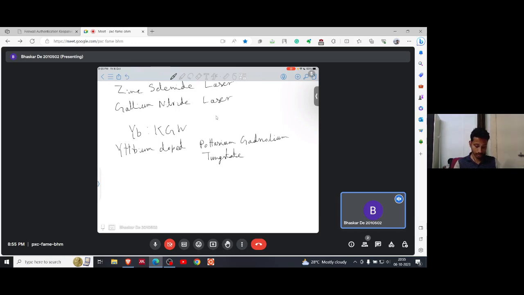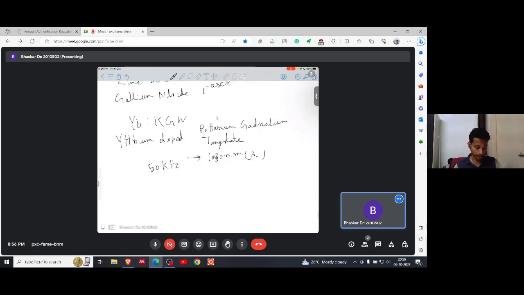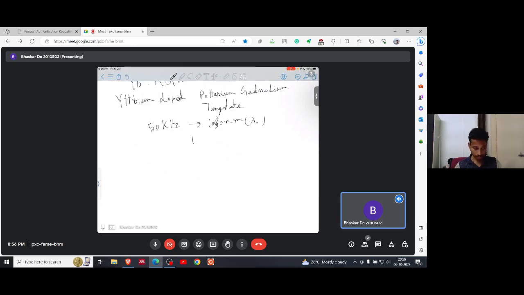So this is the laser we have that gives us a 50 kilohertz repetition rate, about 1030 nanometer wavelength, and almost 100 femtosecond pulse width.